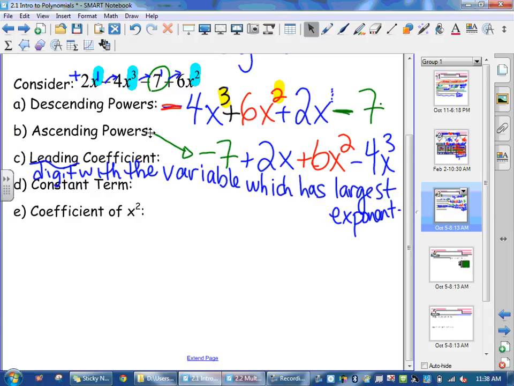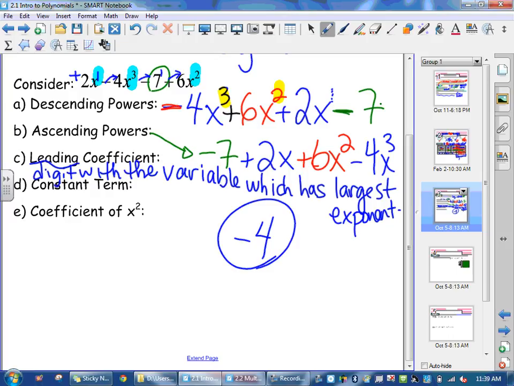So if we look up here, which exponent is the largest on our x's? Look at all your x's. Which one's bigger? 1, 2, or 3? 3's biggest. So we look in front of him, and what's our number? Negative 4. So we would call negative 4 our leading coefficient. Okay? I just write really big, guys. Sorry. I hope you can fit it on your page.